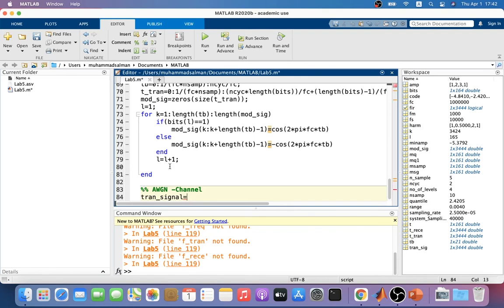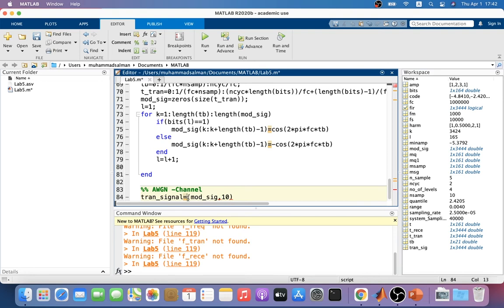What is my modulated signal? It is this one we just defined, and I'm saying that this modulated signal has a signal to noise ratio. You already know the signal to noise ratio, so I don't have to explain it again. I'm saying that the signal to noise ratio is 10 dB, which is quite reasonable.